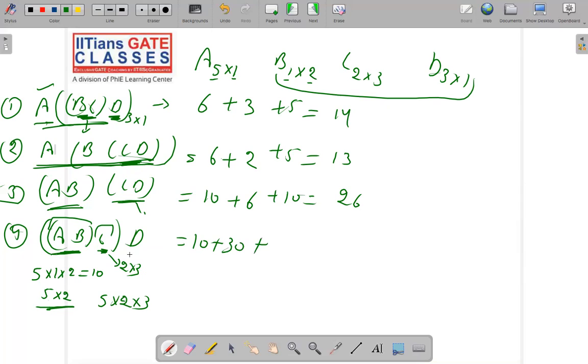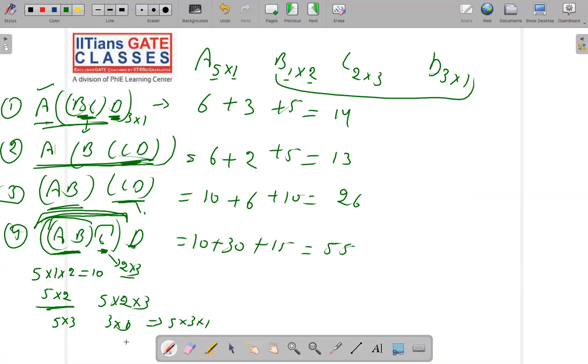Then the resulting matrix will have dimension 5 into 3. If you multiply with D of dimension 3 into 1, its effort is 5 into 3 into 1, which is 15. This is huge. So we have 40, 55.